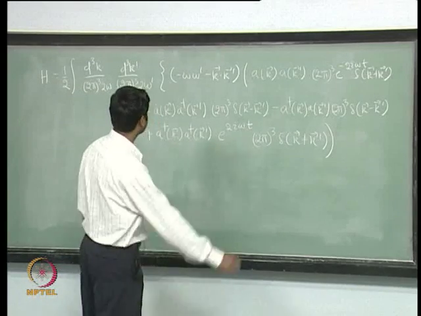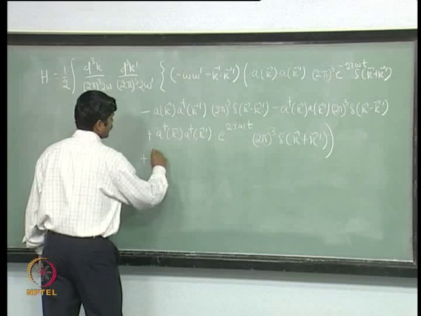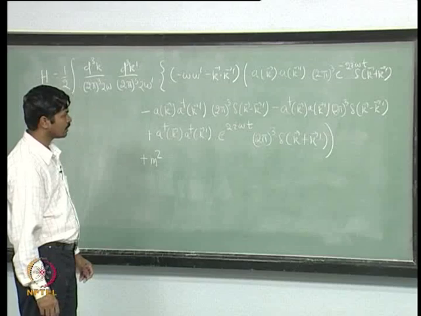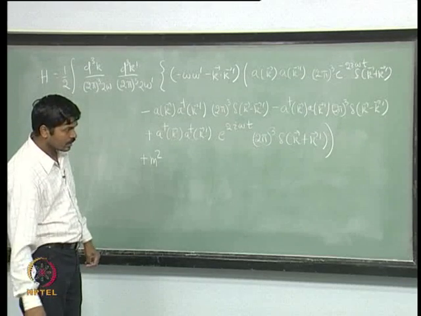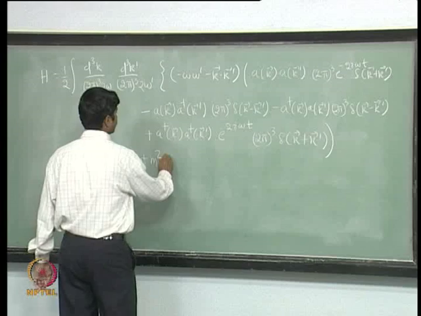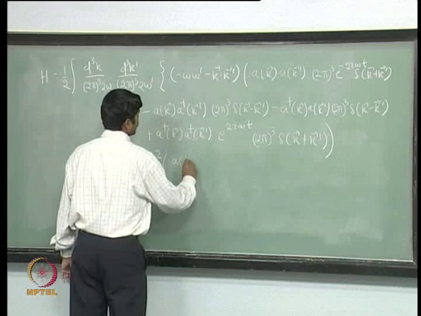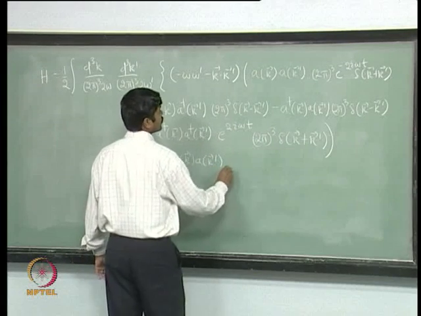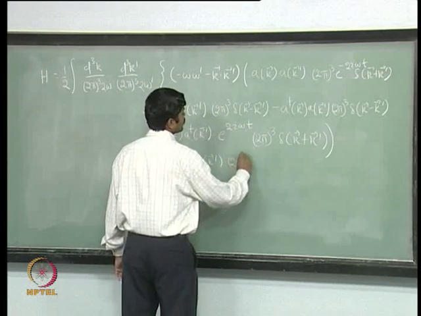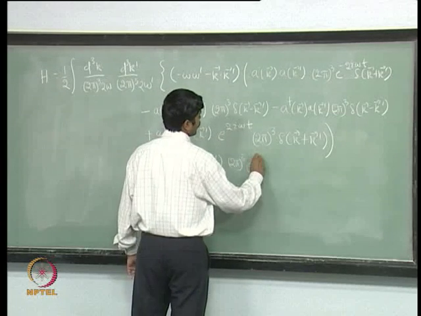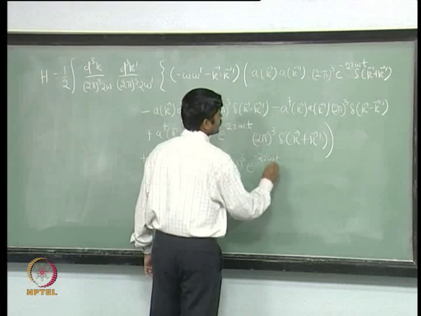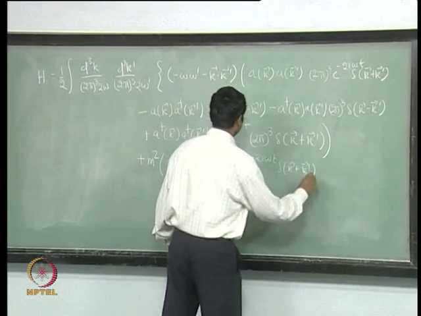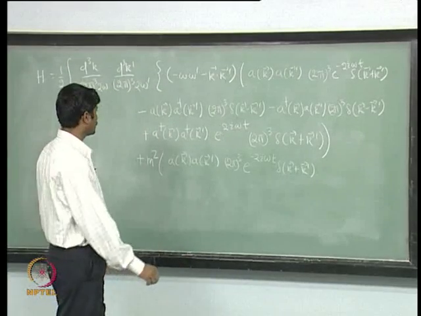Then I will have plus m square. Again this will have 4 terms, and these 4 terms are a k a k prime 2 pi cube e to the power minus 2 i omega t delta of k plus k prime. That is the first term.